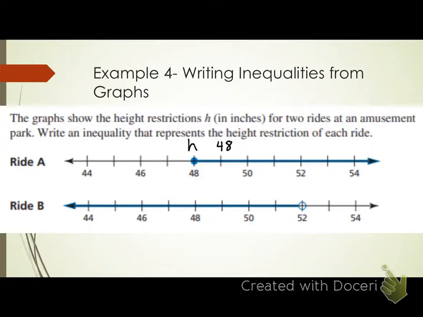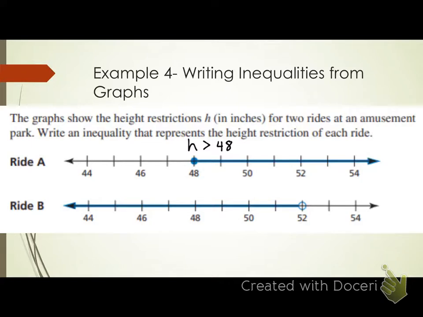Okay. Is this shaded to the right or left of 48? To the right. Is that numbers that are bigger or smaller than 48? Bigger. So what inequality symbol do I have to use? Greater than. Last part here. Is it an open or closed circle? Closed on 48.